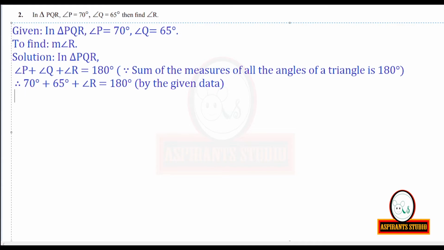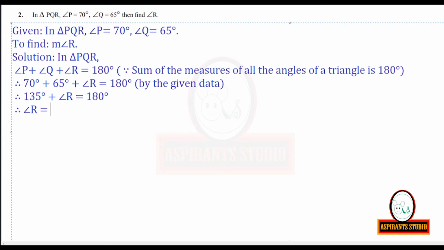Now add 70 degrees and 65 degrees. You will get 135 degrees. 135 degrees plus measure of angle R is equal to 180 degrees. Therefore, measure of angle R will be equal to 180 degrees minus 135 degrees.